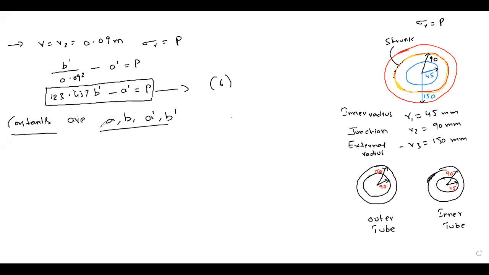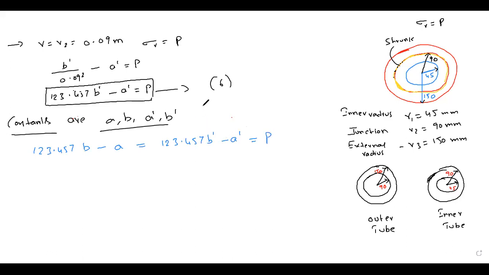For that, let us write equations 4 and 6 like this: 123.457B minus A is equal to P, and 123.457B dash minus A dash is equal to P.